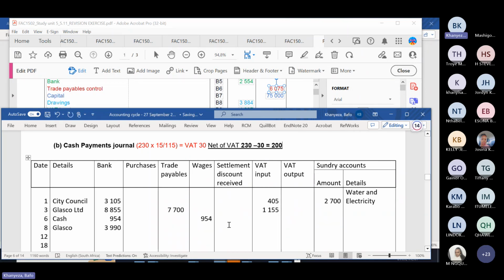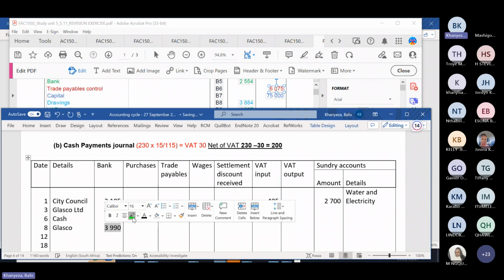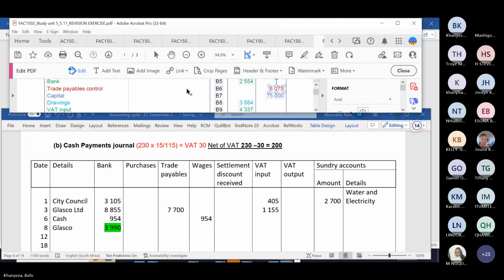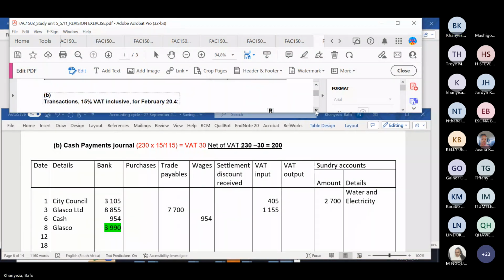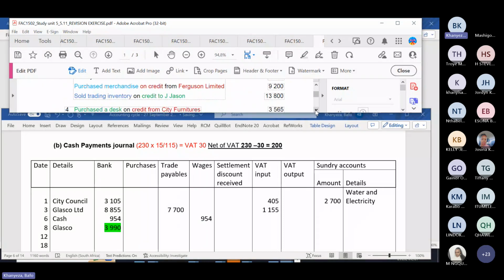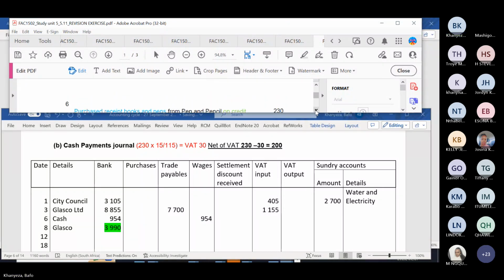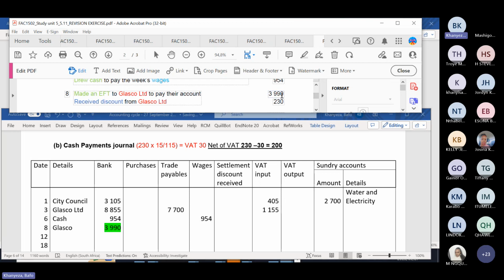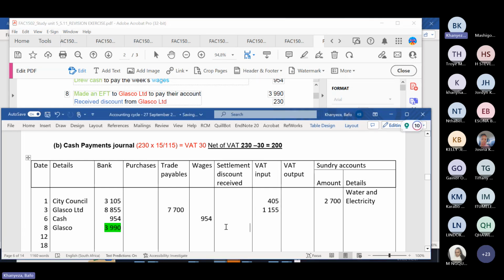So let's start. Here is the amount that was paid to Glasgow. Let's go back to this transaction, which was A. So it's 3,990 that was paid. Then we received a discount of 230. So we split that settlement discount into VAT and non-VAT.